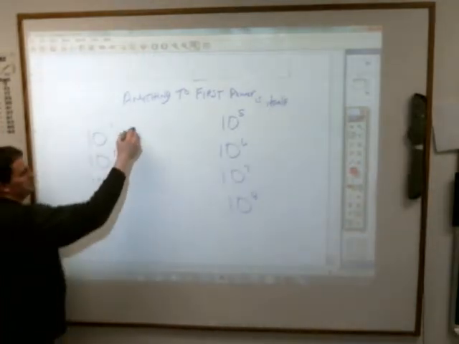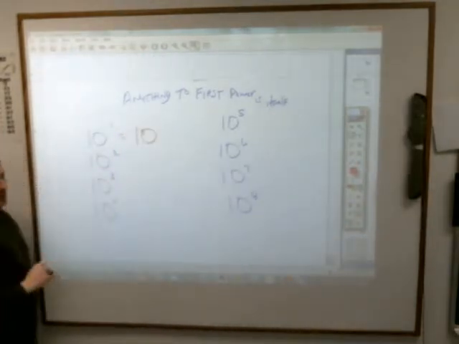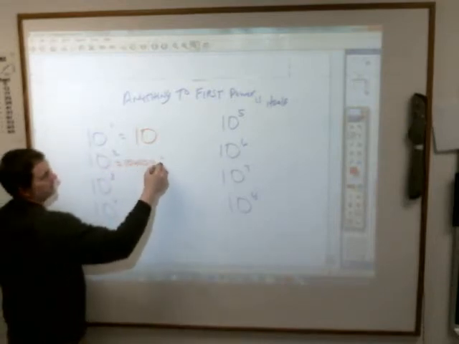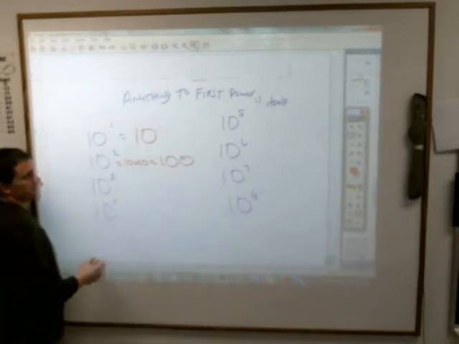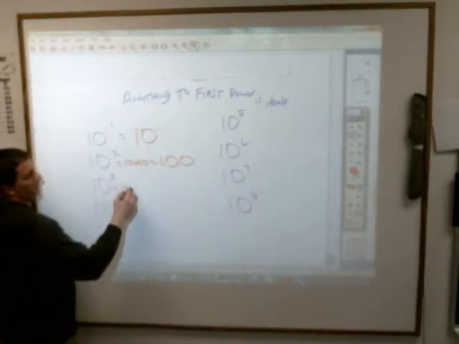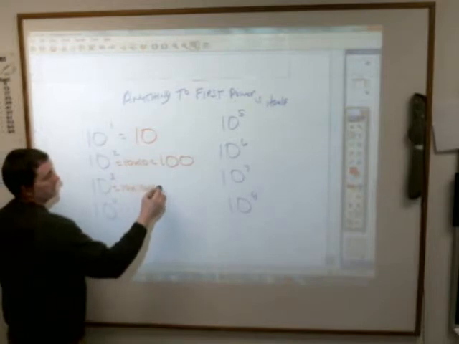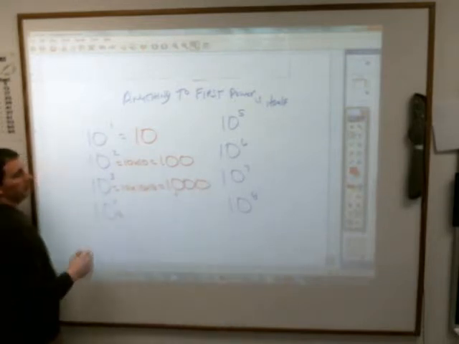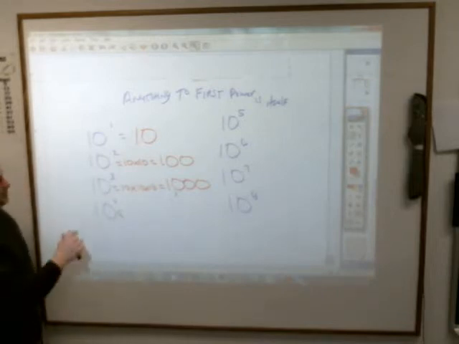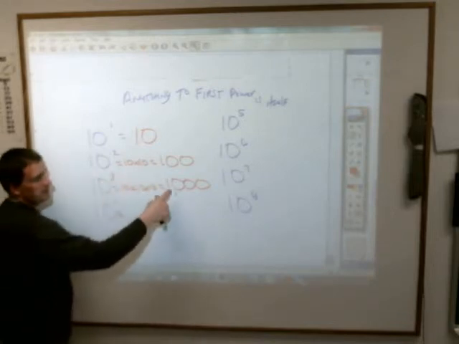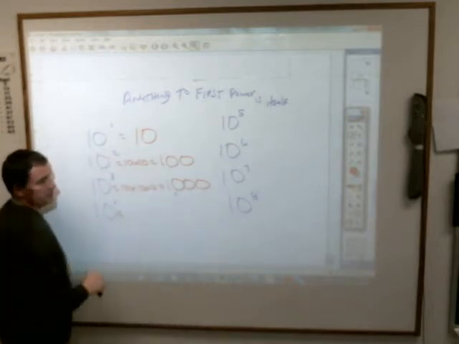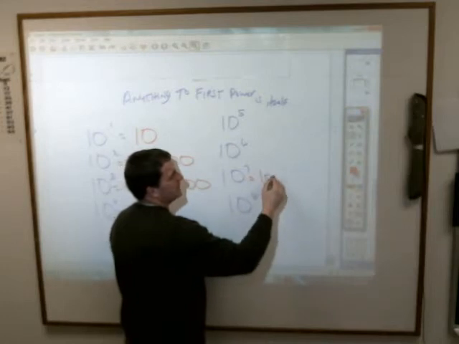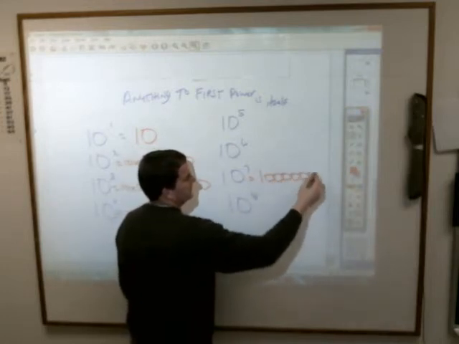So 10 to the first power is just 10. 10 to the second power, which is 10 times 10, is 100. Well, you just add a 0. 10 to the third power is 1,000. 10 to the fourth power, and there you can kind of see the pattern here. Exponent, zeros. 10 to the seventh power will be a 1 with 7 zeros after it.